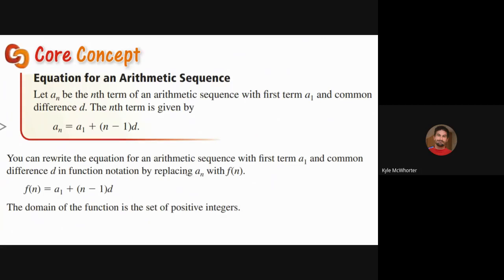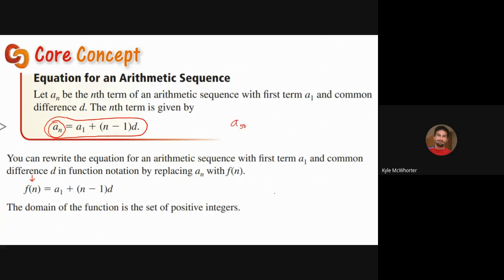Okay. So we just started using this formula, and we can put it in function notation by replacing the a sub n with f of n. So a function where n is the input. And so the last time we did a sub 50.